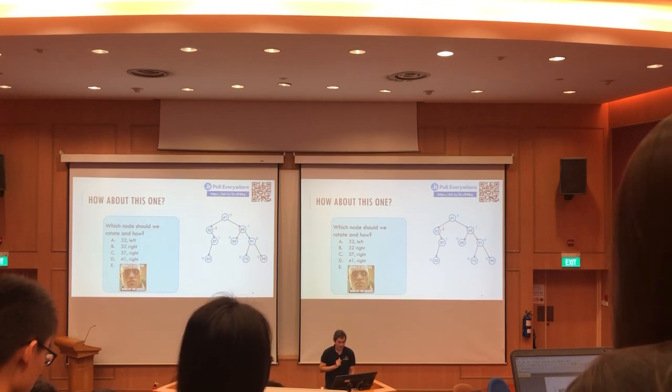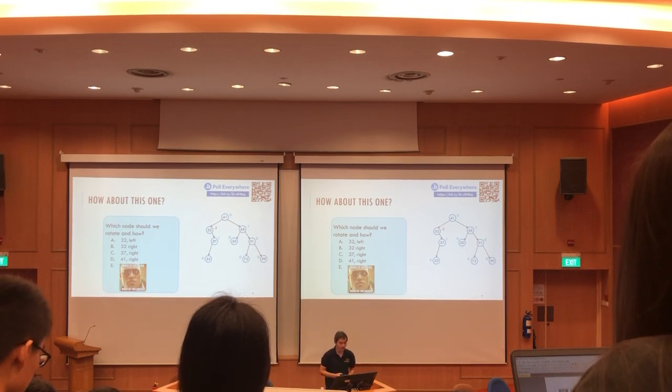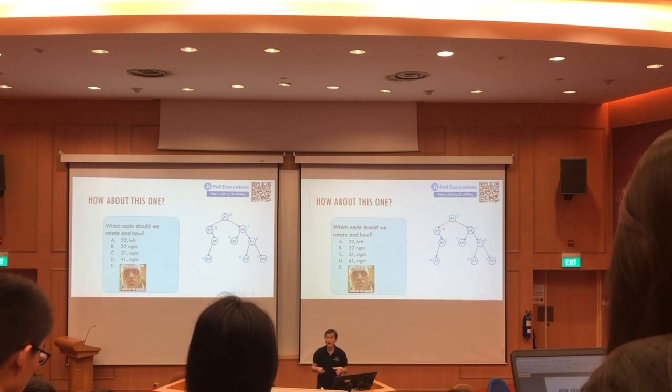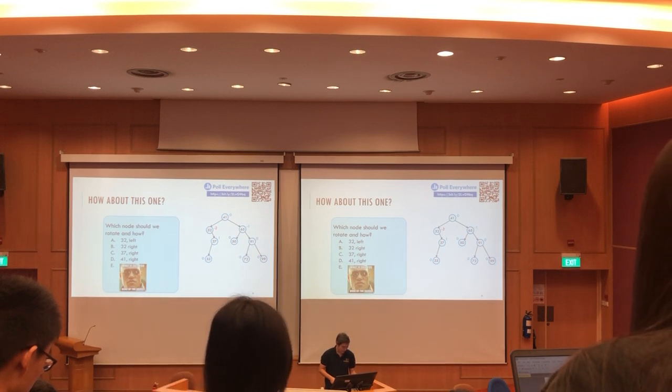How about this one? So this is the situation. Which node should we now rotate? Okay, 32 left, 32 right, 37 right, and 41 right. Again, I'm going to give you like a minute to do this. All right, just a minute, and then we'll see what can go wrong. Okay, so have a look. I've drawn out the balance factor, so you know that it's 32.